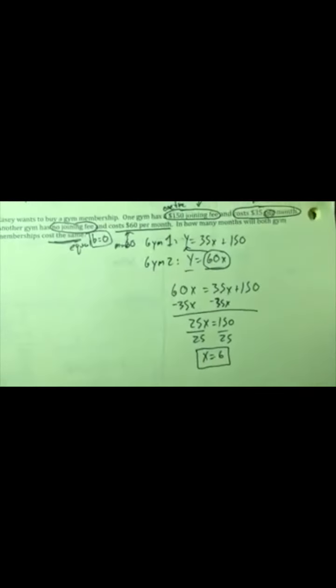So if we look back up at the question, we're being asked in how many months will both gym memberships cost the same. We said x is our number of months, so we are all done. We know that after 6 months, the gyms cost the same.